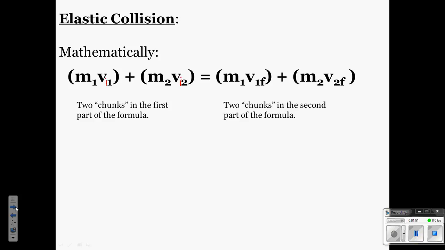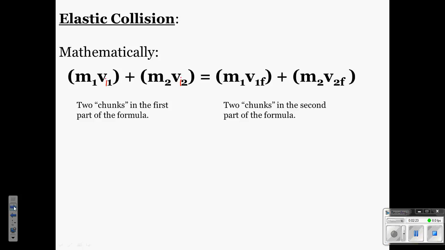That side of the equation is equivalent to the other side, where it's our final velocity that we are getting the momentum of for object 1, plus the final velocity and mass of object 2. So objects are moving at one point, they collide, and then there's movement after that collision. We have to take that into account, and that's called the final velocity.